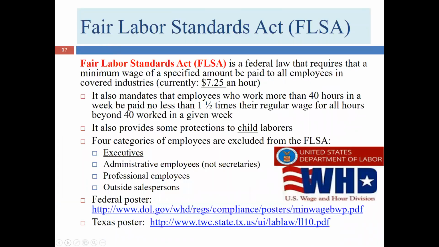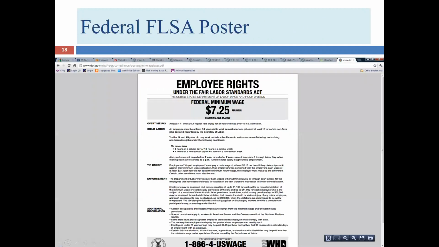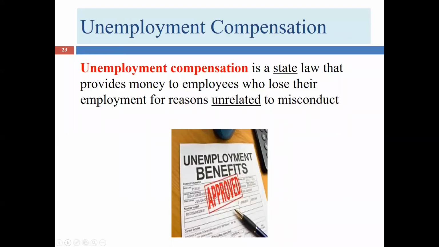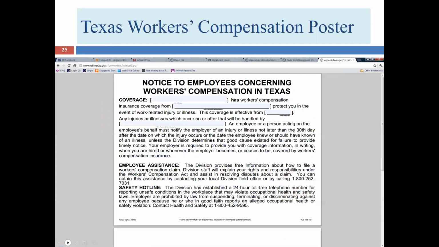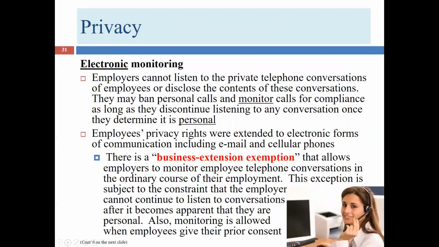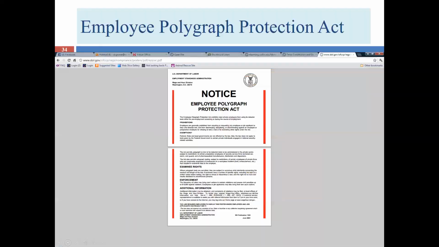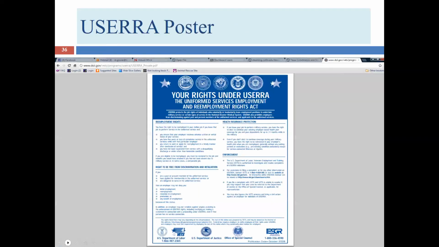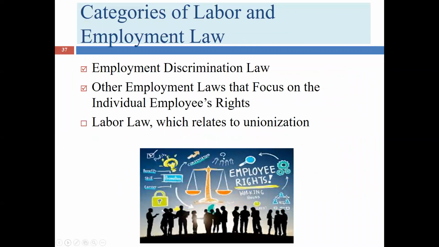And then we talked about individual employment rights statutes, such as the Fair Labor Standards Act, which establishes the minimum wage and the overtime characteristics of that benefit. We talked about the Family and Medical Leave Act and unemployment compensation, as well as COBRA and ERISA and OSHA. Privacy, especially as it relates to electronic monitoring and polygraphs. We also very briefly touched on USERRA. And now we're ready for labor law.